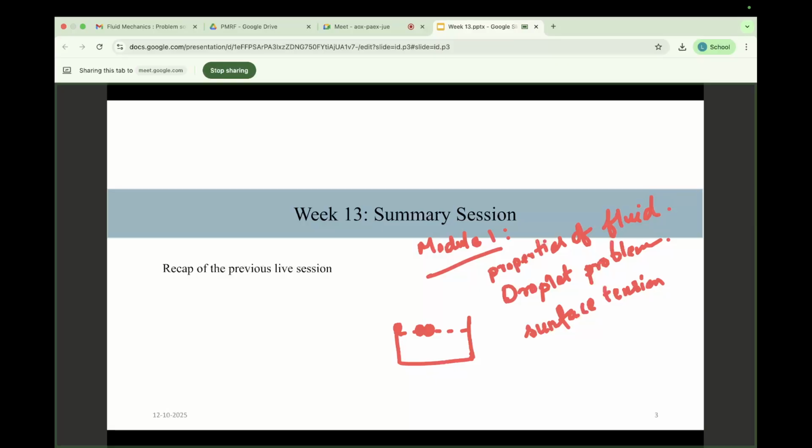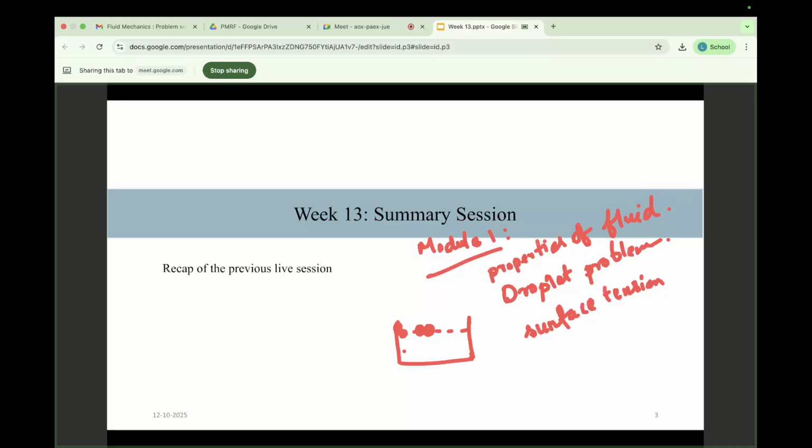For capillary action, one is against the surface and another against the liquid. So both adhesive and cohesive force act in case of capillary, whereas in surface tension only cohesive force acts. That thing we have studied.